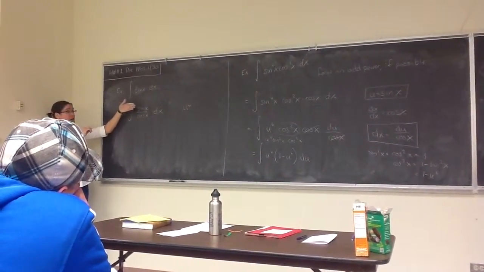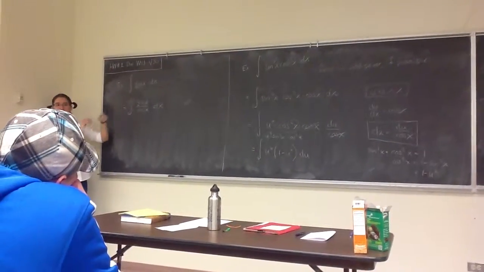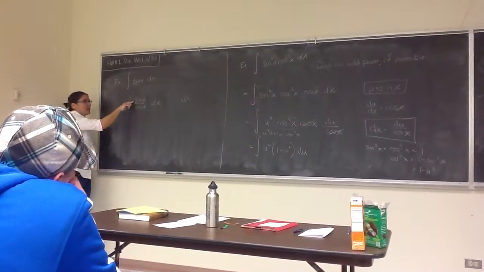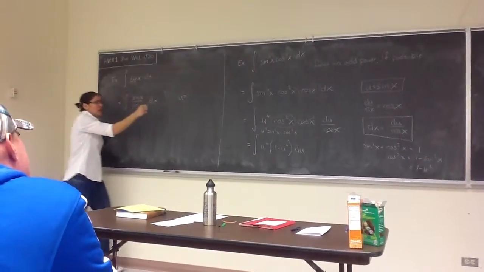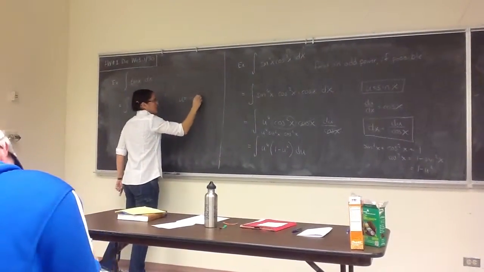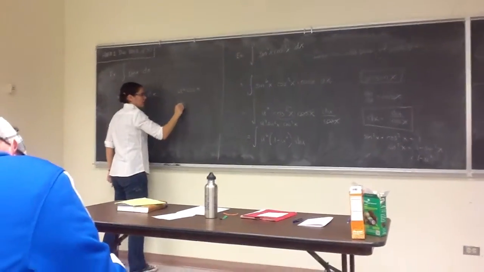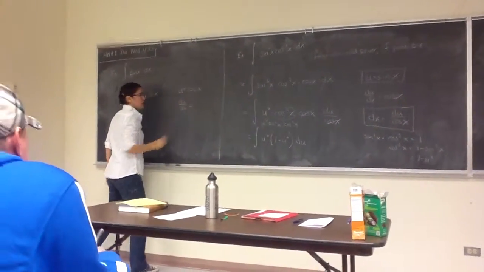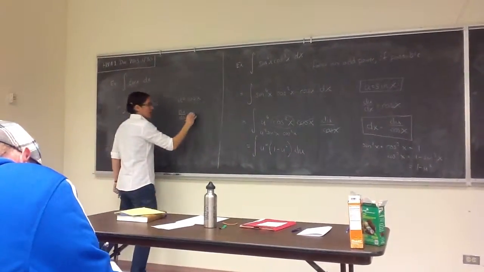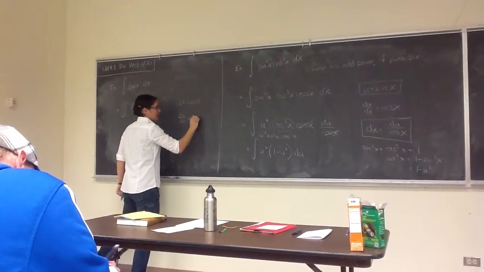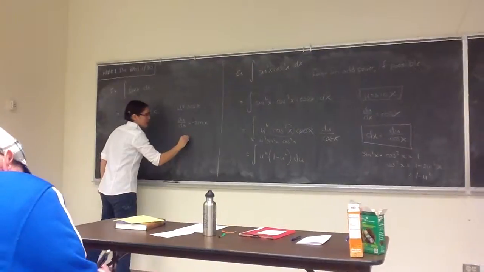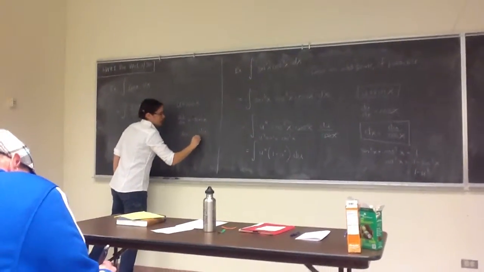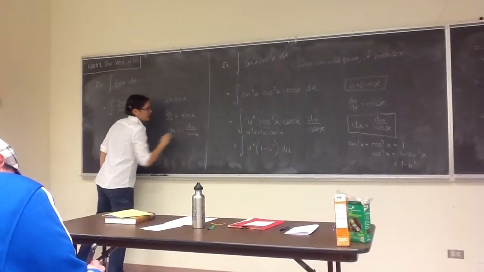So I need a choice for u whose derivative will cancel sine x. A good choice might be, let u be equal to cosine x. Then my derivative is negative sine x, and I can solve and get dx is equal to du over negative sine x.